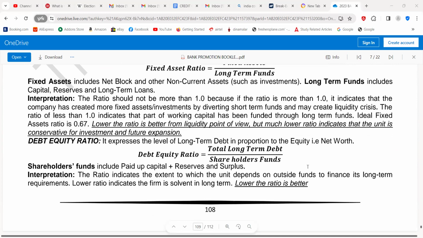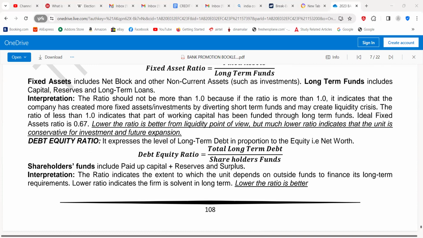Now, sometimes they will ask you to tell about debt equity ratio. In fact, I don't know whether I have Bank of India questions. For you, what will be more suitable is the latest Bank of India credit officer interview questions.